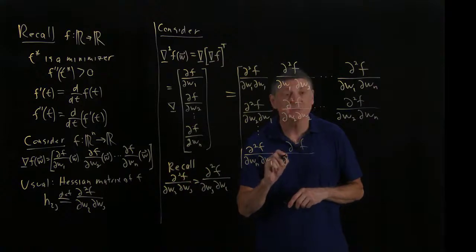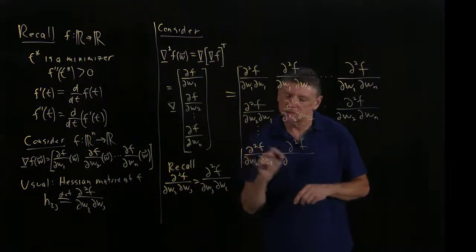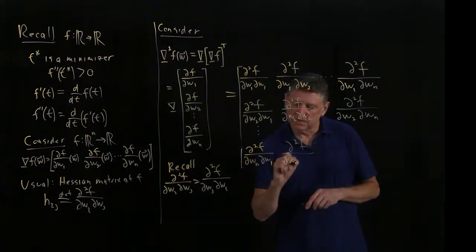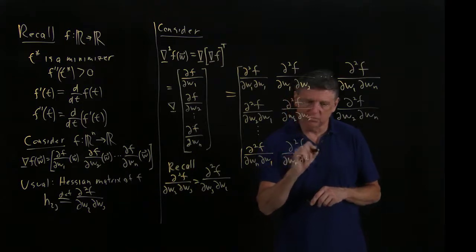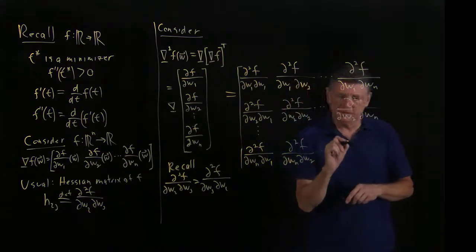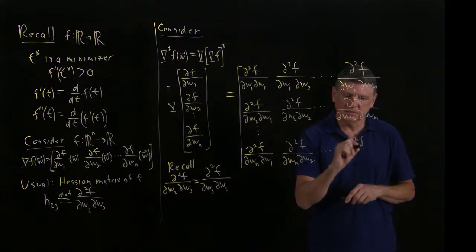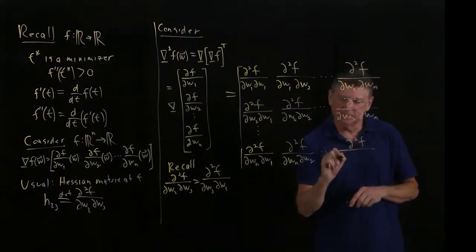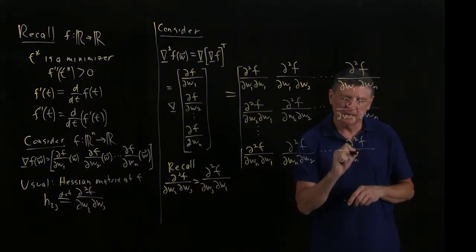I shouldn't have said transpose there, I should have said commute. So commute n2, and the matrix is completed with the second derivative with respect to n.